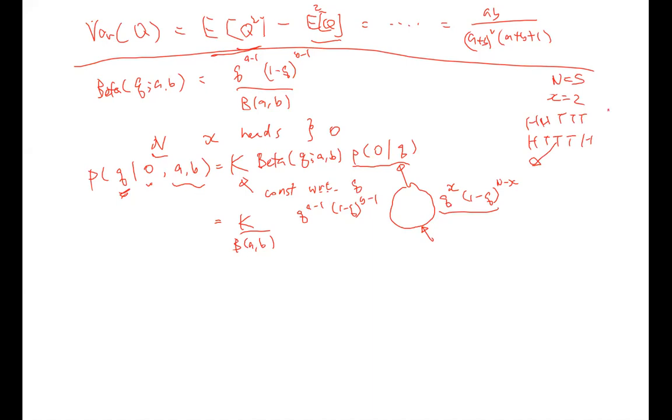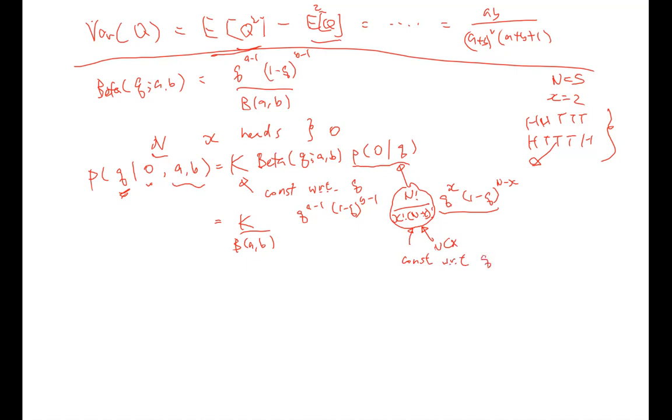But the number of them will be what? Sorry, here it's 5C2, but in general it will be NCX, so n factorial over x factorial times n minus x factorial. But it's not very important because this part again is a constant with respect to q.